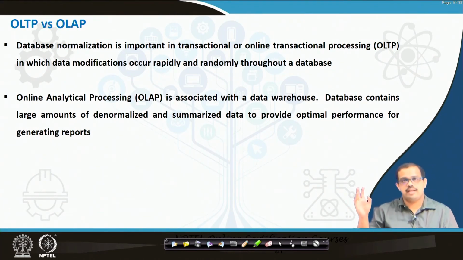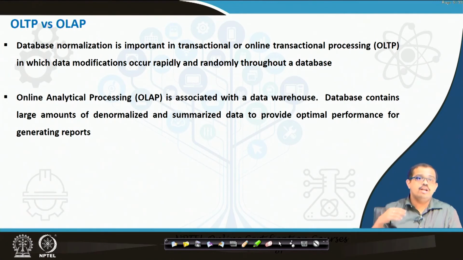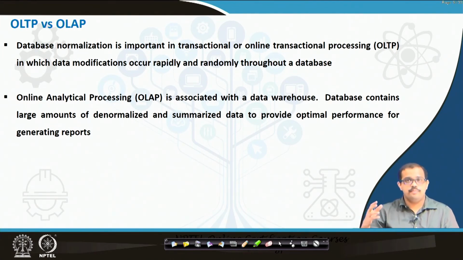That is called online transaction processing. If you are trying to analytically query the entire database, then it is called online analytical processing, which means that data contains a large amount of denormalized and summarized data.